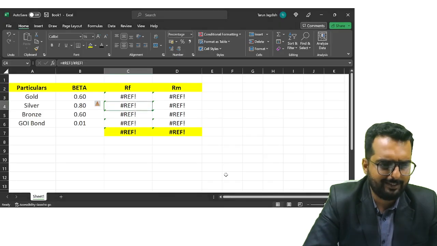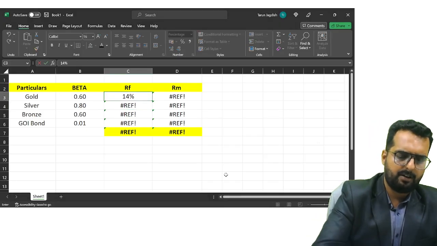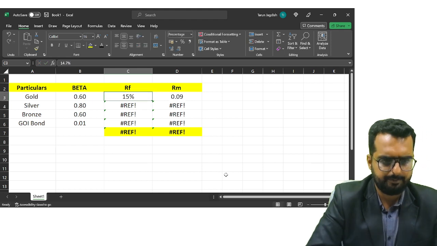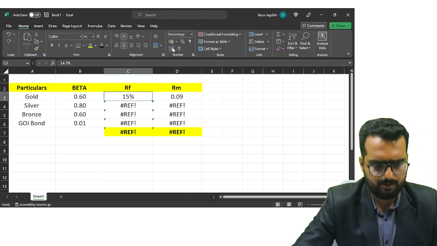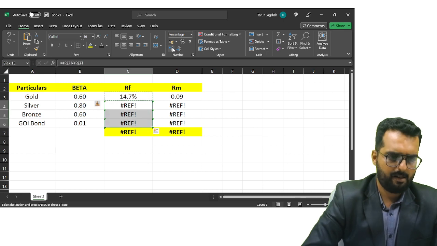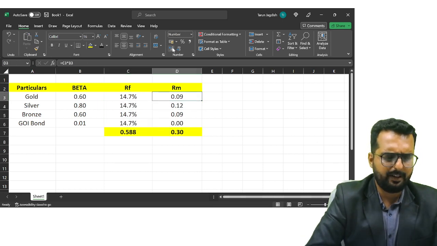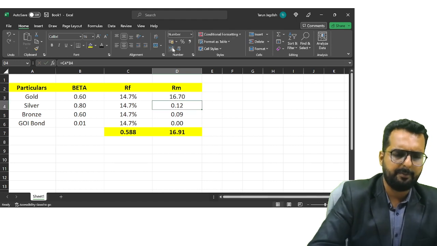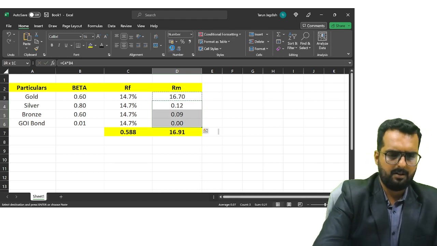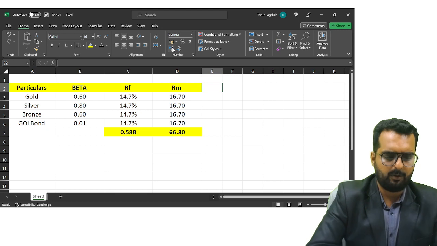So now I have to find out the CAPM, correct? I'll write down 14.7 over here. And RM also we got, right? How much is the RM that we are taking? 16.7. So the formula is going to be what?